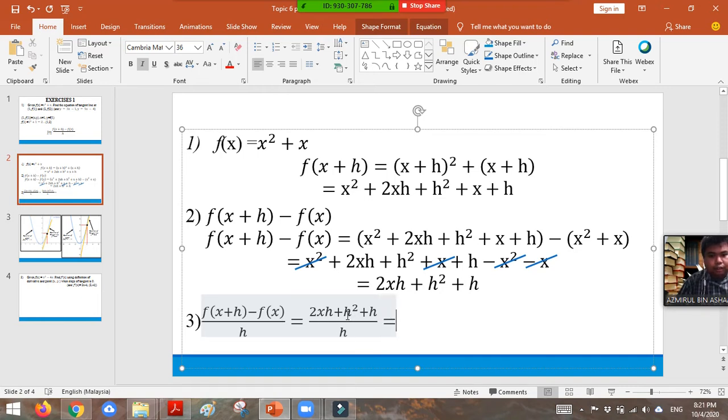And if you can see this one, 2xh plus h power of 2 plus h, I can factorize this one, which is h. I take h outside, and then inside become 2x plus h, and then plus 1. If h multiplies with 2x become 2xh, h multiplies with h become h squared, h multiplies with 1 become h, and then I divide by h.